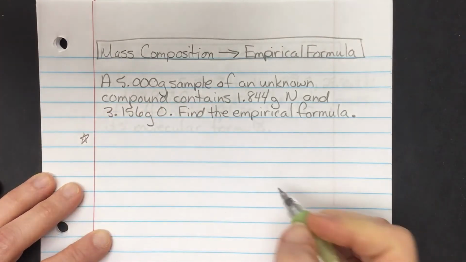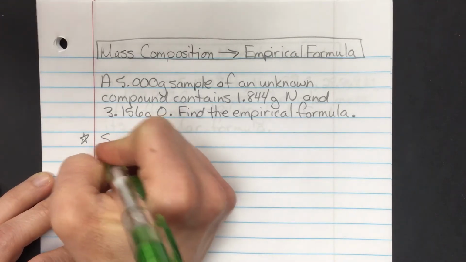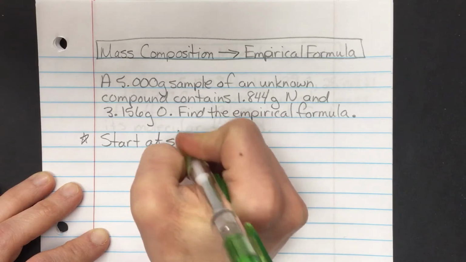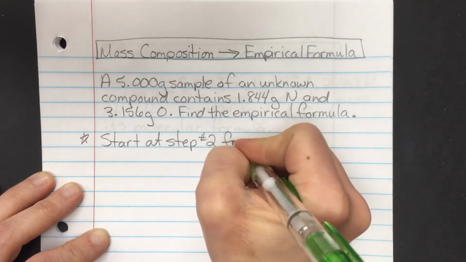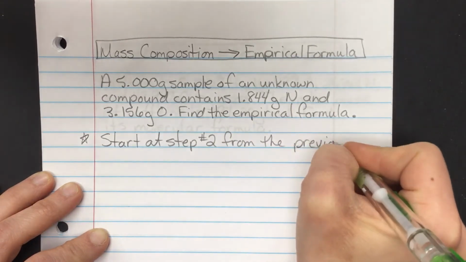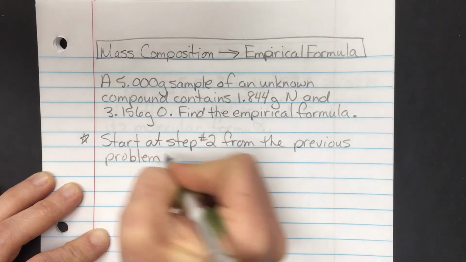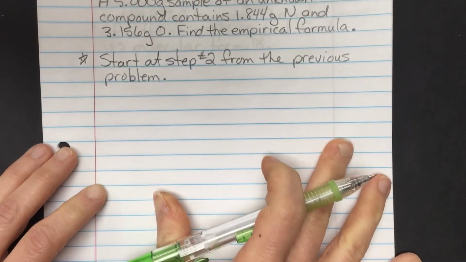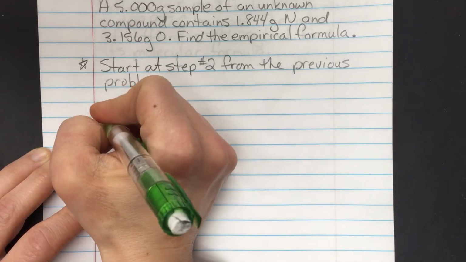For this problem, I'm going to start at step number 2 from the previous problem. It's always nice when you can cut out a step. And so I am going to start with just the masses.